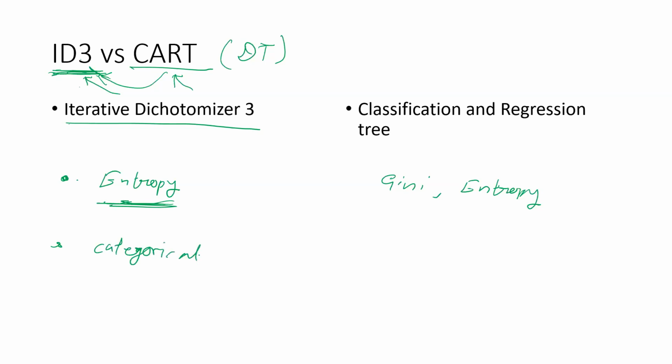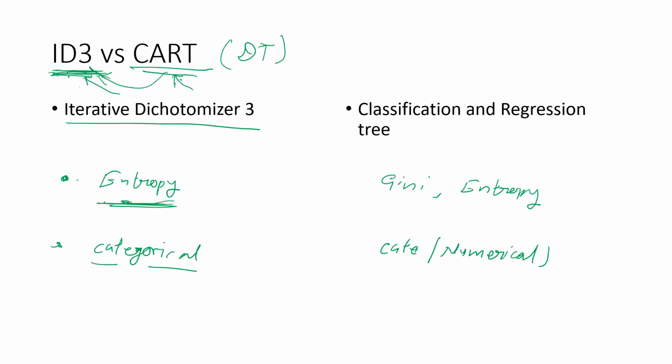But this restriction was also dropped, and we can use the tree for any categorical or numerical feature. So these were the main differences between the two. If you know the CART algorithm, you know ID3 as well. There's nothing different in the algorithm.